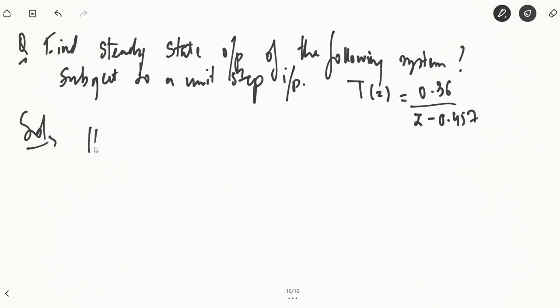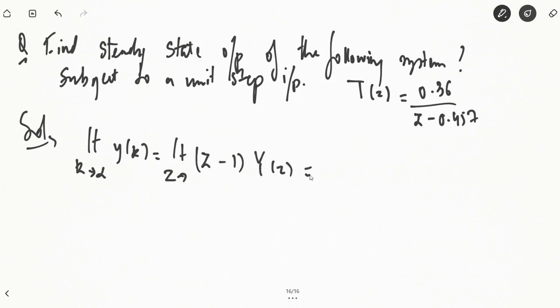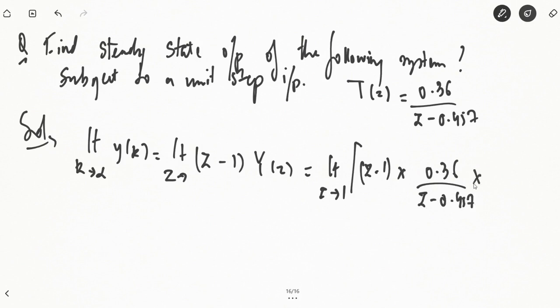So limit k tends to infinity, y(k) is equal to limit z tends to 1, (z minus 1) Y(z), where Y(z) is equal to T(z) into R(z), where T(z) is 0.36 divided by z minus 0.457, into R(z).